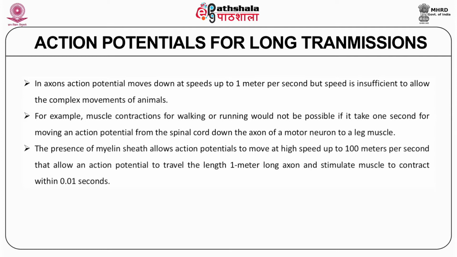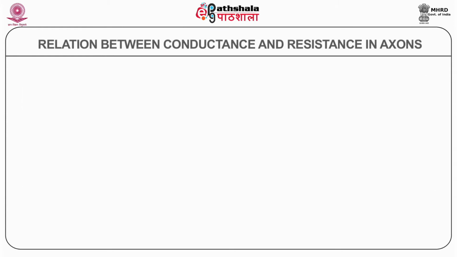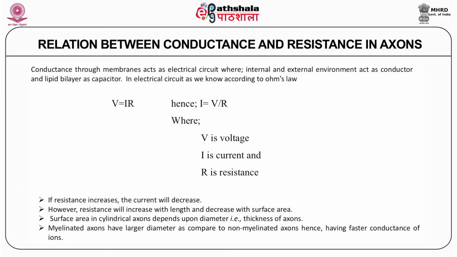It is the presence of the myelin sheath which allows the action potential to move at high speed, up to 100 meters per second, that allows an action potential to travel the length of a 1 meter long axon and stimulate a muscle to contract within 0.01 seconds. Now coming to the basic rules of conductance and resistance, which also apply in axon physiology.